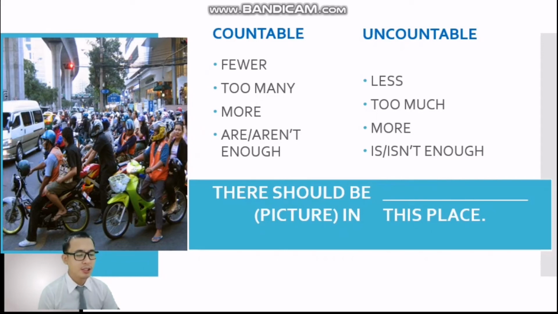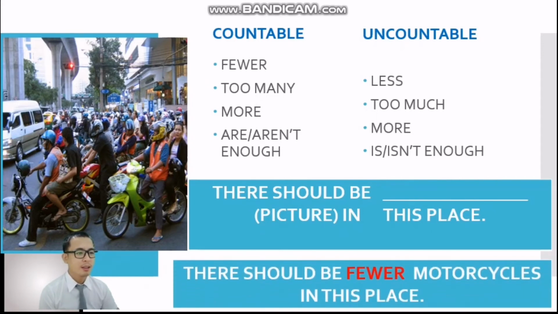If your answer is there should be fewer motorcycles in this place, then you are correct. Now remember, in the picture you can see motorcycles, and motorcycles belong to the category countable noun. So the quantifier should belong to the countable nouns. So the correct answer is fewer.